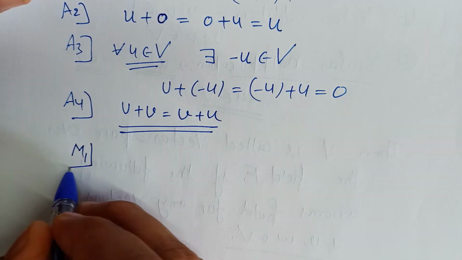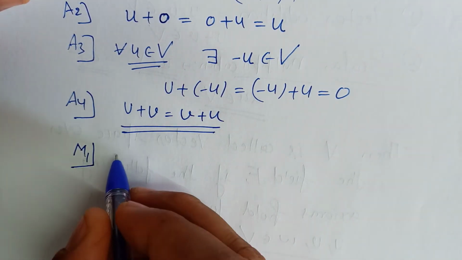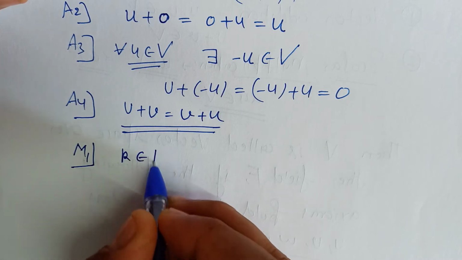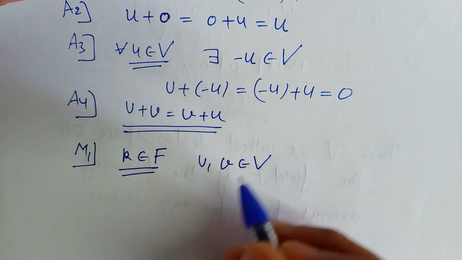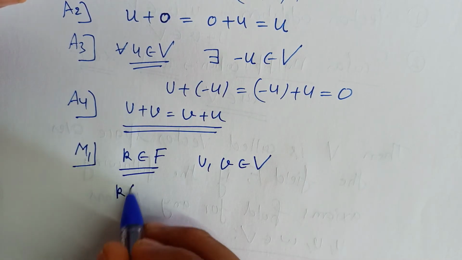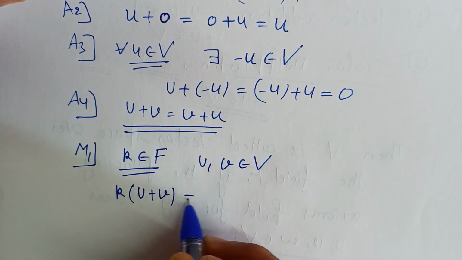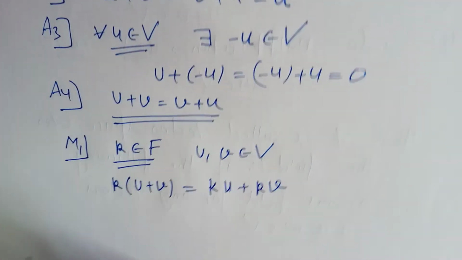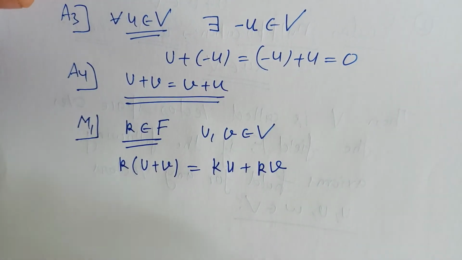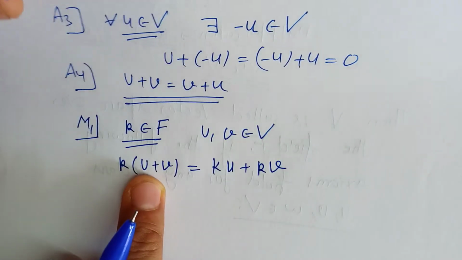So M1, multiplication: if you take any scalar k belonging to the field and u and v belonging to the vector space, then k(u + v) equal to ku + kv. So this is the first property, distribution of scalar over vectors.